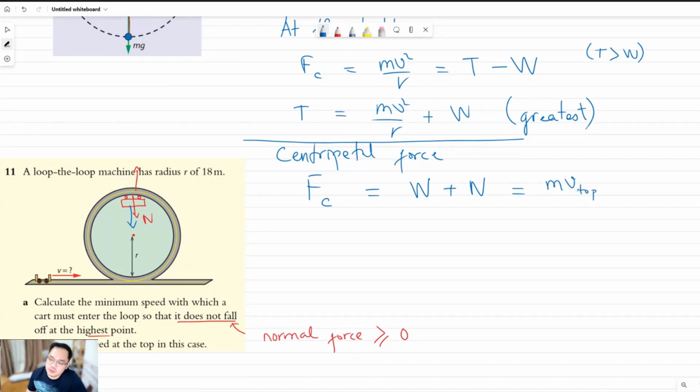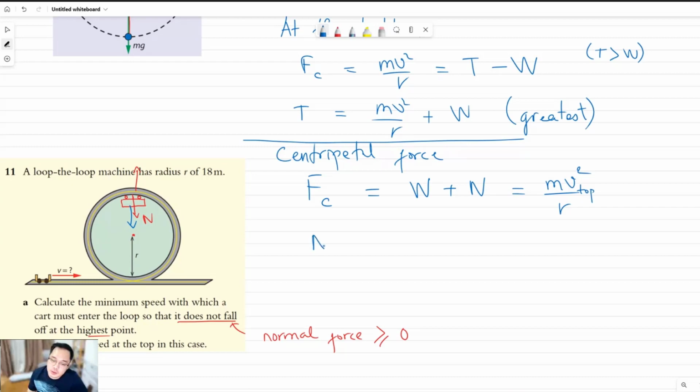V here is v at the top, okay, it doesn't mean the maximum speed. V at the top here is the minimum actually. V square over r, where r is the radius of the loop.